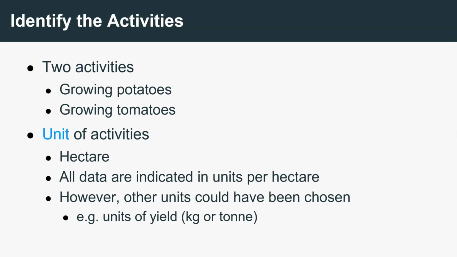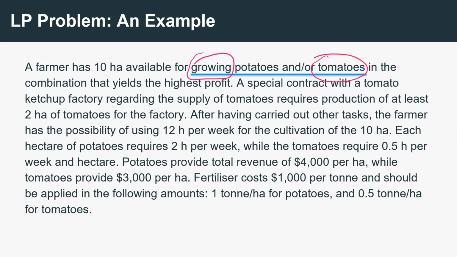What are the units? Go back here, and if you pay attention, it says there are 10 hectares available for growing potatoes and tomatoes. And there are several other places. For example, it says that there are 2 hectares of tomato that need to be produced.